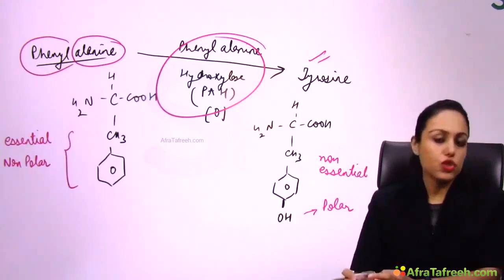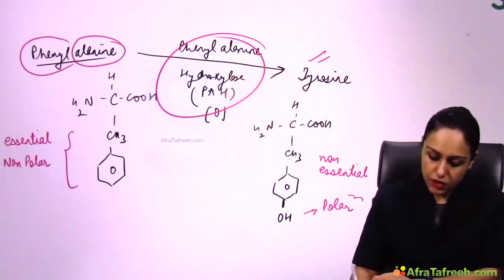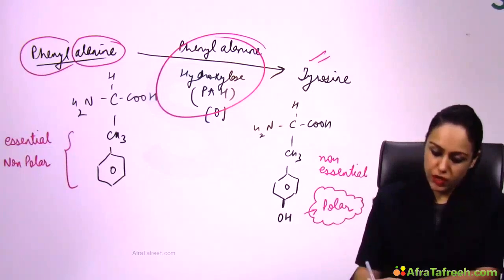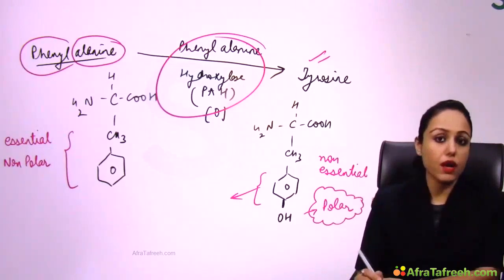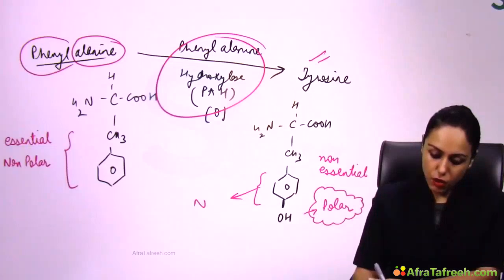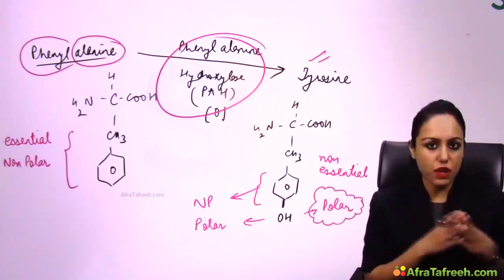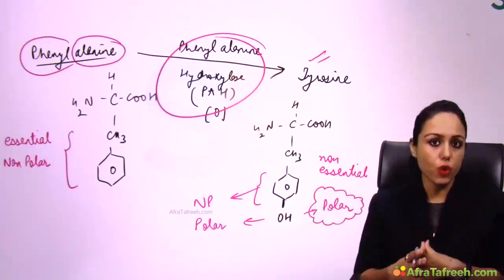So it is non-essential and polar, but there is a controversy about the polarity of tyrosine. Some books write that because of the phenyl ring it is non-polar, but some books say because of OH it is polar. Sometimes this amino acid behaves as polar, sometimes as non-polar.